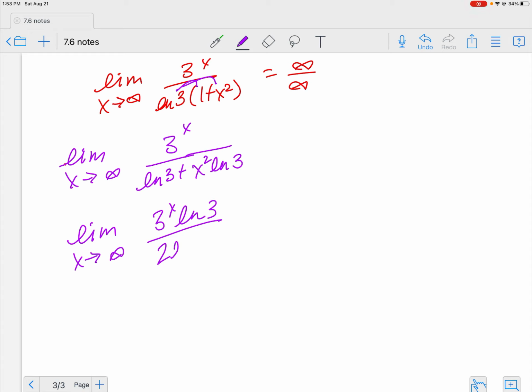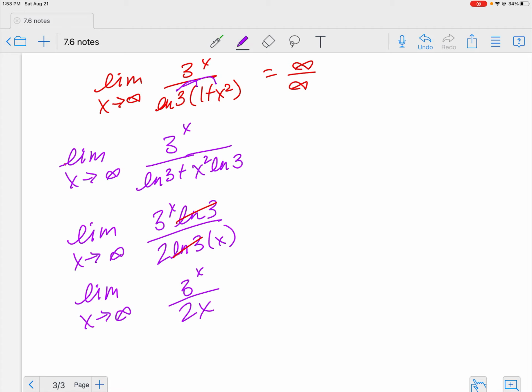So I've got 2 natural log of 3 times x. I'm going to put it like that so you know that it's multiplied out. This natural log of 3 cancels out this natural log of 3, and I'm left with the limit as x approaches infinity of 3 to the x over 2x.